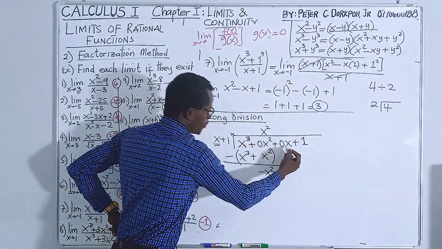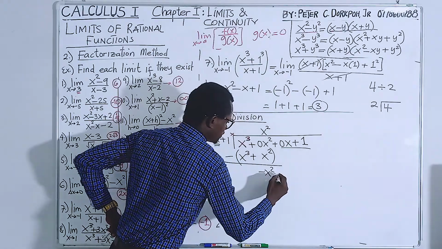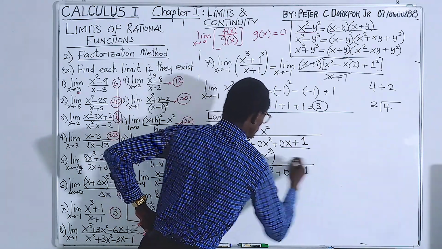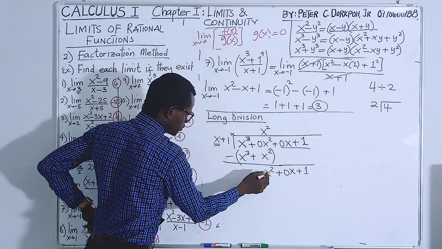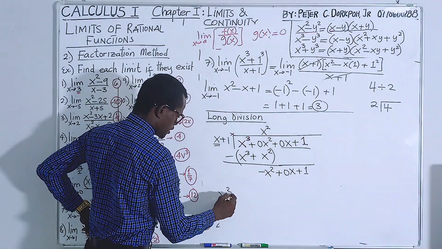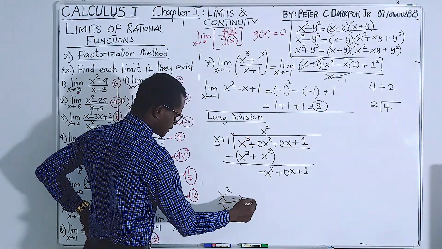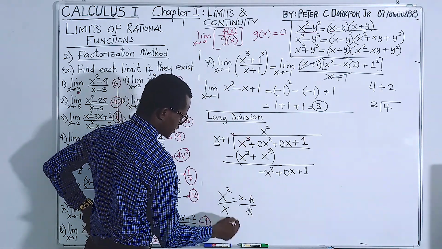So we continue. Remember, now we bring the remaining expressions down. So we have 0x plus 1. So x into this negative x squared: you have x times x over x, and the x and x cancel, you'll be left with x.